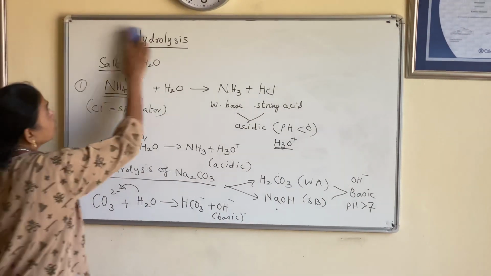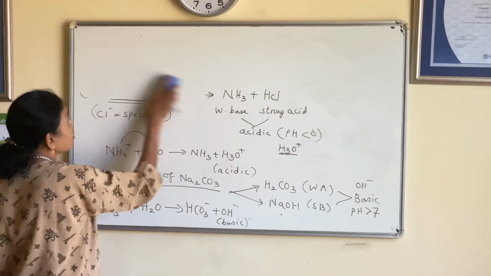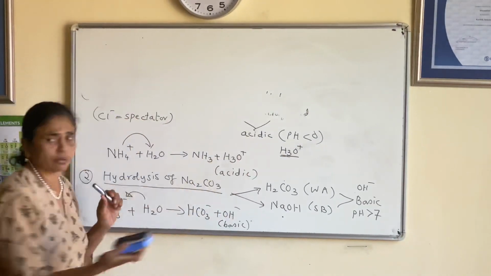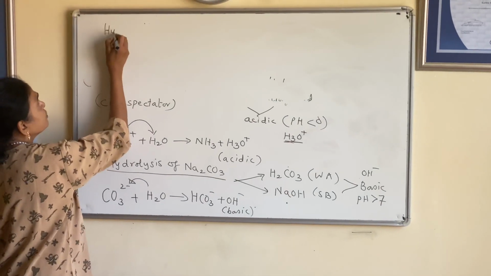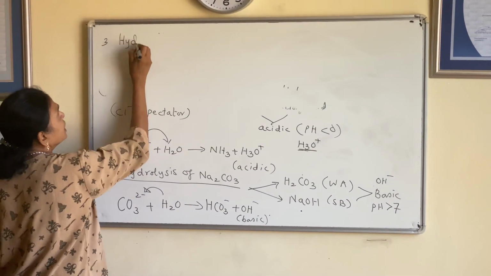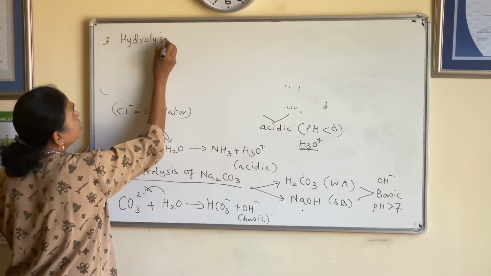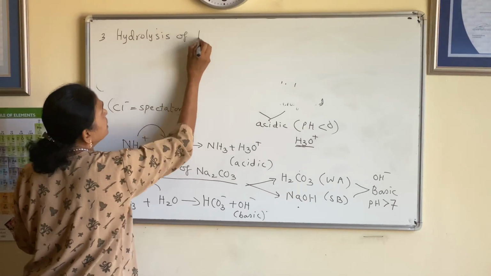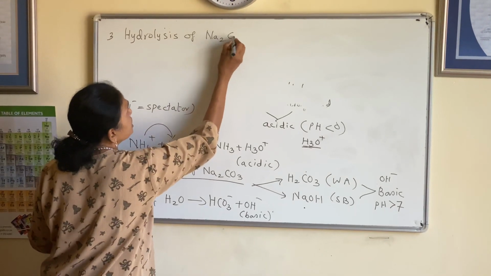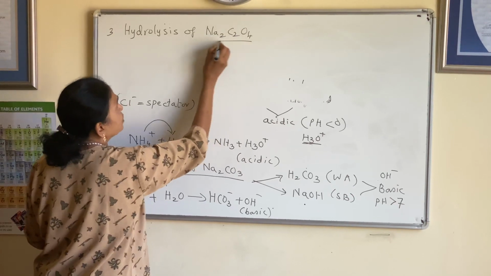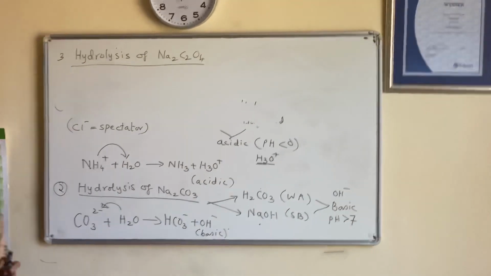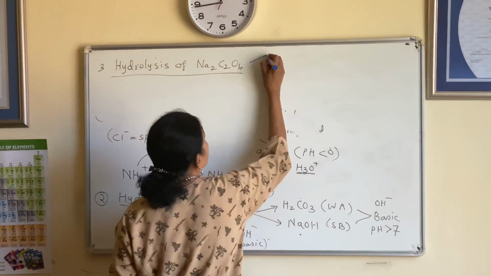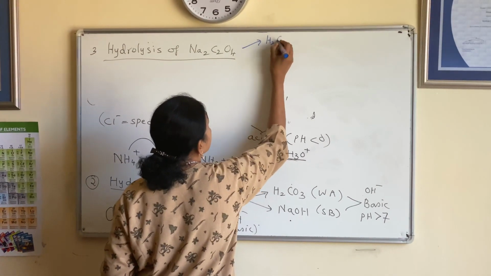What is the third one? Number 3, hydrolysis of sodium oxalate, Na2C2O4. Now, what is the acid here? The acid here is oxalic acid.